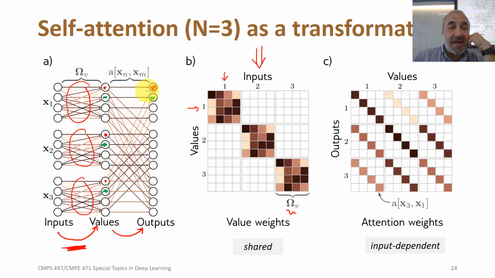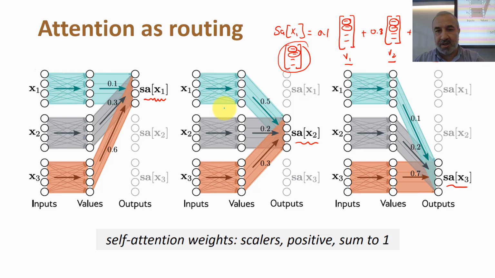If you compare the colors of the connections going to the red one and going to the green one, these are the weights. They are exactly the same because it's the same weights. Remember here when we did it like that, 0.1 is multiplied everywhere here, 0.3 multiplied everywhere here, 0.6 multiplied everywhere here.